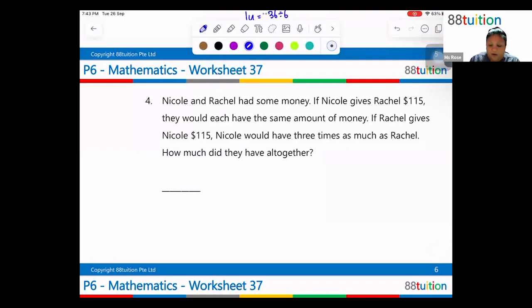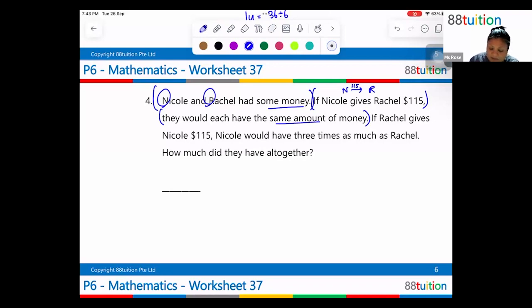In question 4, we have Nicole and Rachel had some money. We do not know how much they have, right? But we do know that if Nicole gives Rachel $115, they would each have the same amount of money.